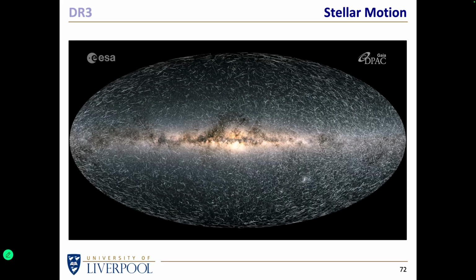And some seem to be in very elongated orbits, going very close to the center of the galaxy and then coming a long, long way out, and then moving close to the center, moving a long, long way out. So-called needle orbits. And by looking at the motions of large numbers of stars, we can start to infer what the history of the Milky Way must have been in order to give us the orbits of stars that look like what Gaia is telling us.